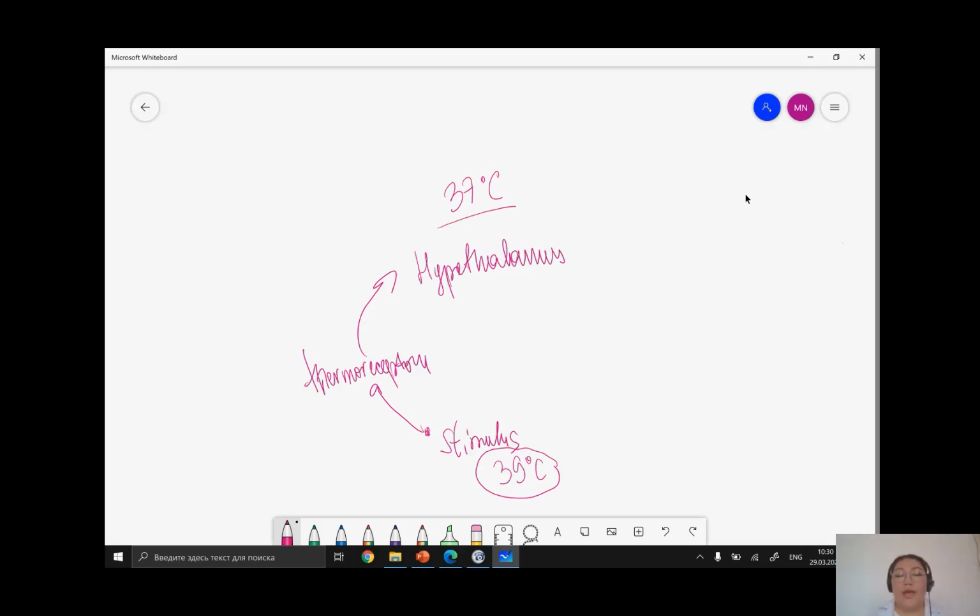Okay, but in case of the infection, the microbes have the specific chemicals, the active substances that we call pyrogens. What is the action of these pyrogens? It will change the set point for the hypothalamus, and it will change to the 41 degrees of Celsius.